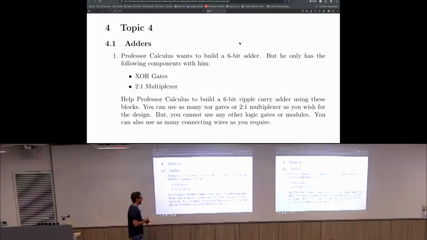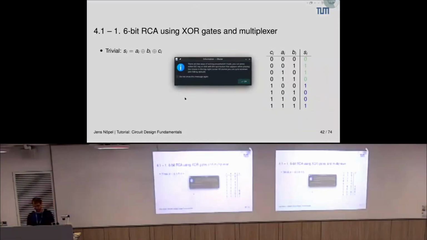Hopefully you all remember what this should look like. We are allowed to use as many XOR gates and multiplexers as we need. But we have the restriction that we cannot use any other logic gates or any other modules. So just those two. And with just those two things, we can already implement a ripple carry adder. We have enough wires so that we can connect the gates and the multiplexers. Okay.